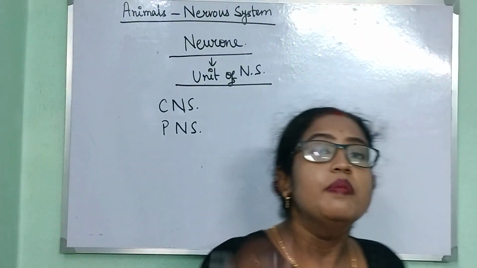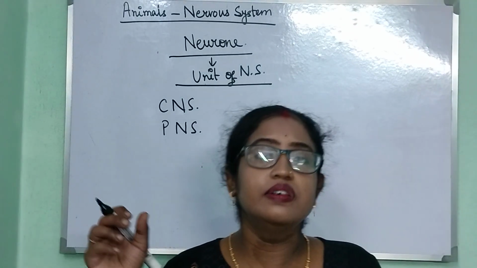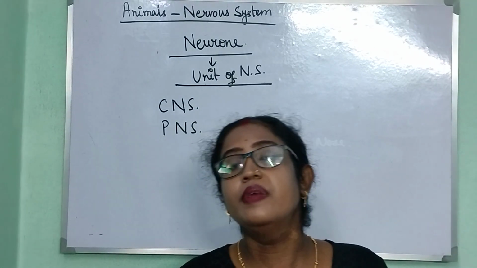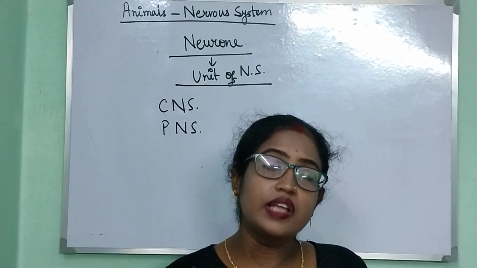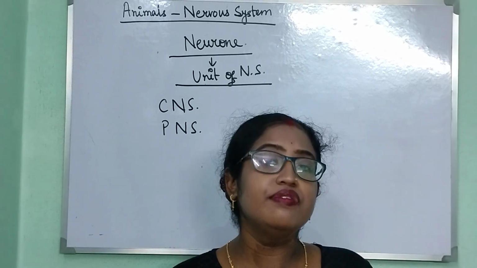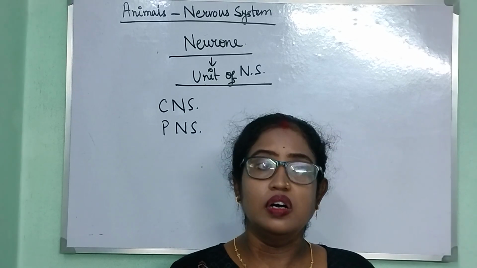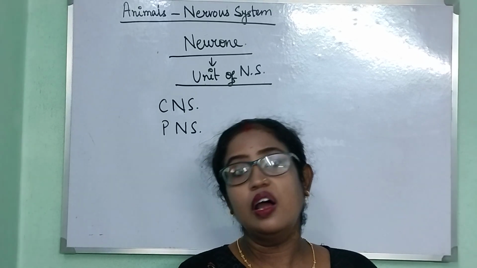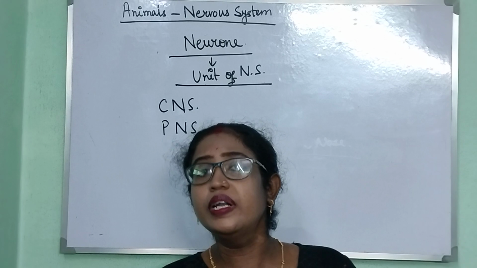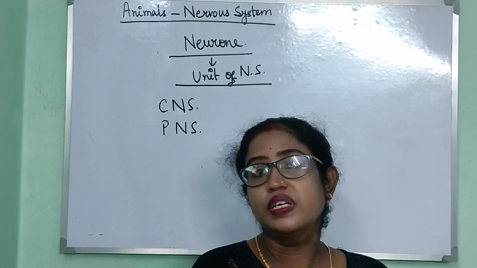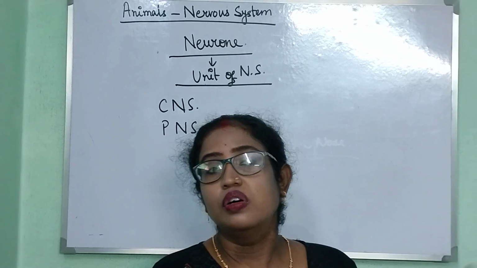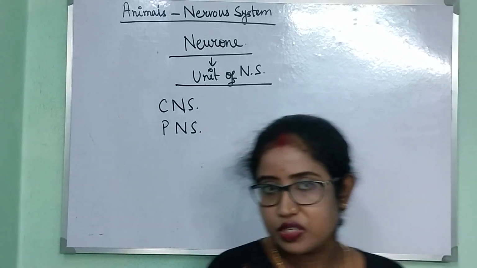CNS means the main or basic nervous system in our body that possesses the basic information, or that guides our body what type of response or reaction we should show for a specific kind of stimuli.